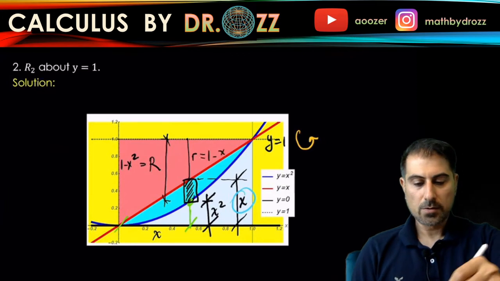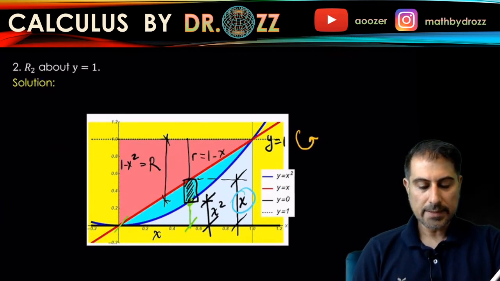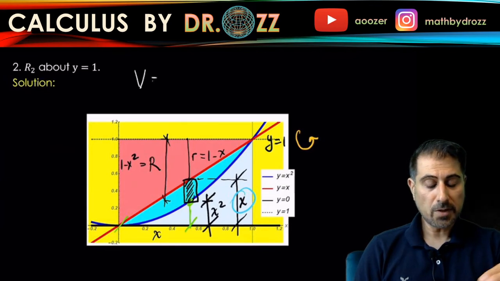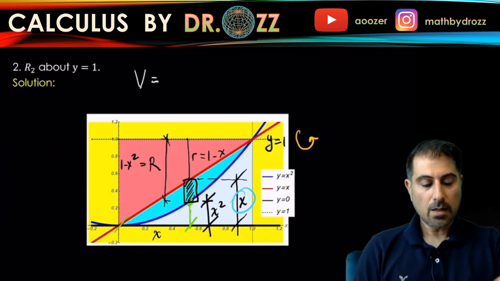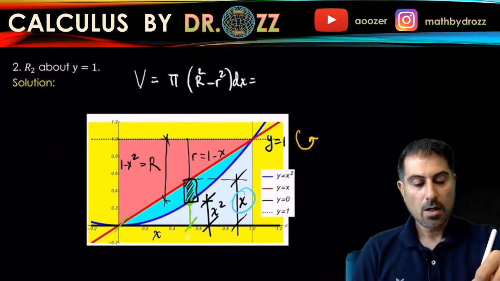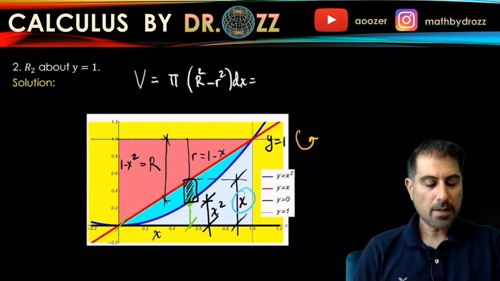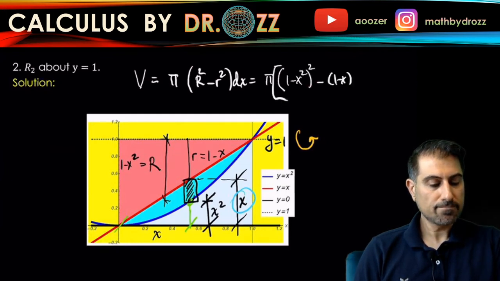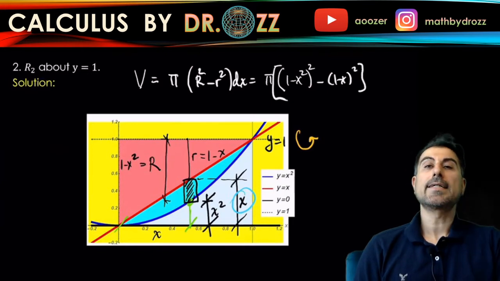Okay? So the representative disk I sketched earlier is going to come with the volume pi, capital R squared minus little r squared, dx. Right? This comes with thickness dx. Okay? And that's equal to pi times (1 minus x squared) squared minus (1 minus x) squared, times dx.